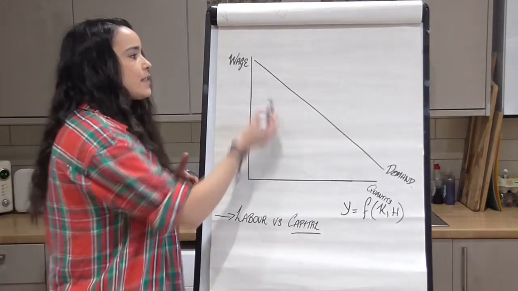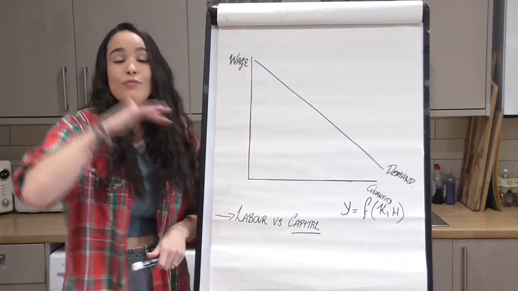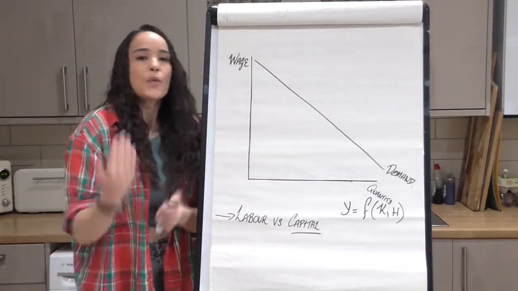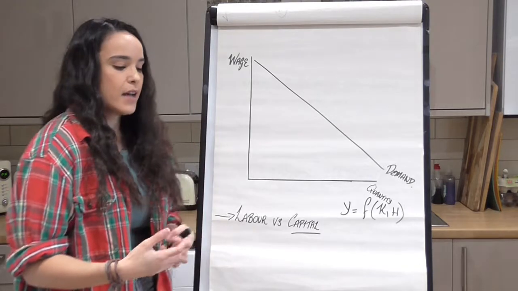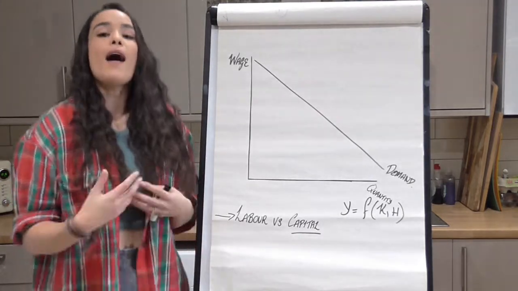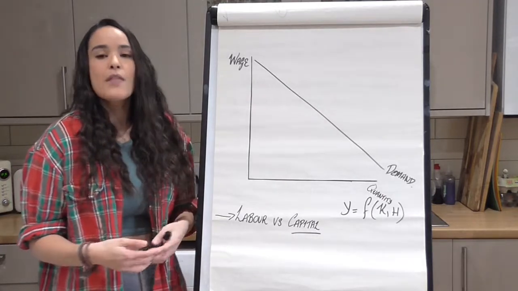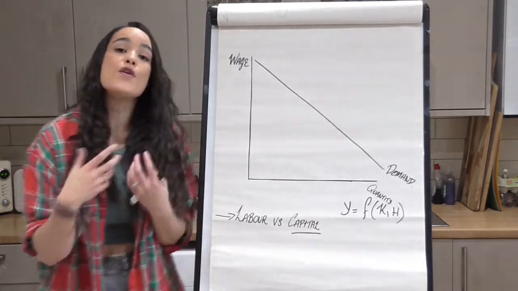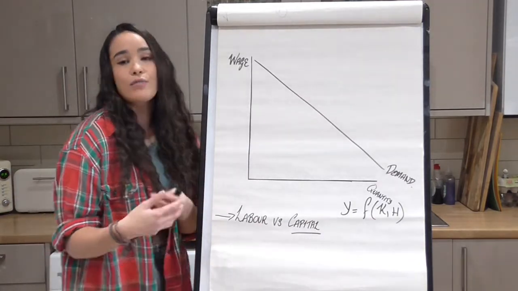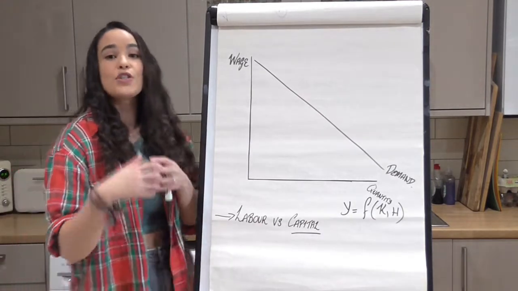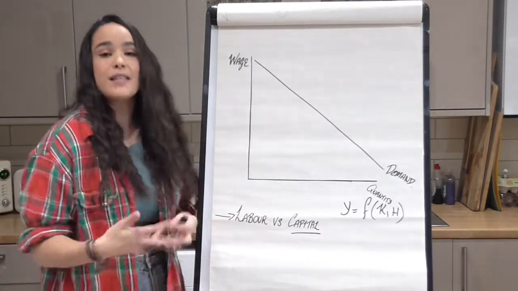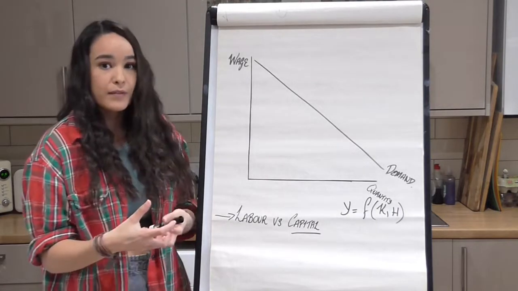So if the price of wages is really, really high, what is a firm going to do? Well, if you think about it in terms of any other demand curve, any other supply curve, it's all to do with opportunity cost. The higher the labour cost, the higher the opportunity cost of not employing more capital. So when your labour cost is really high, it actually becomes cheaper, inverted commas, for you to invest in more capital and less labour, right?